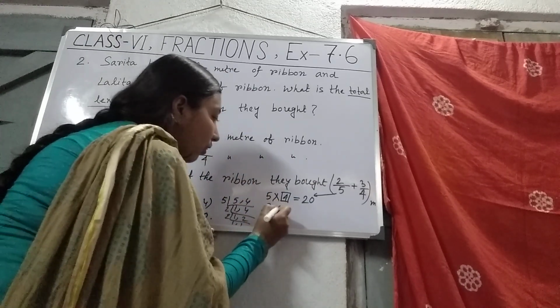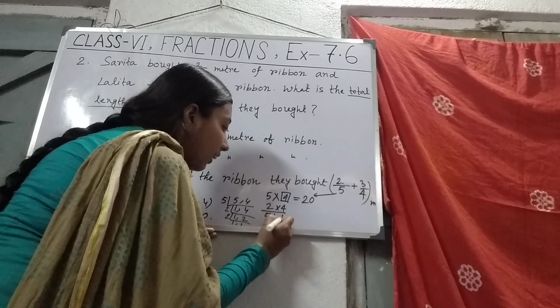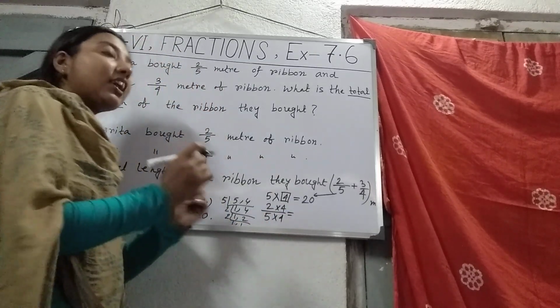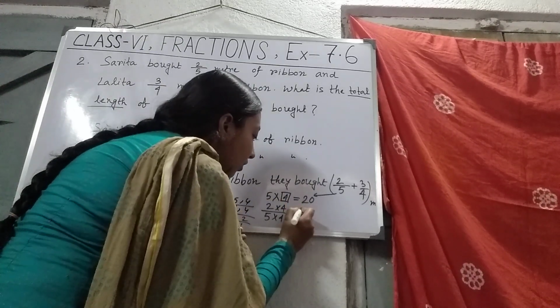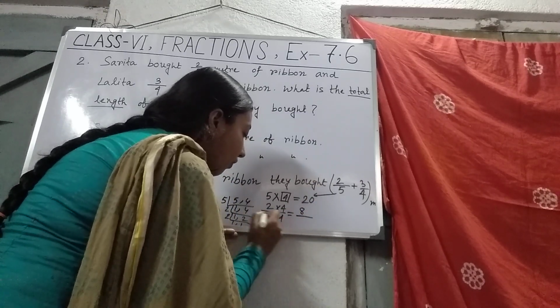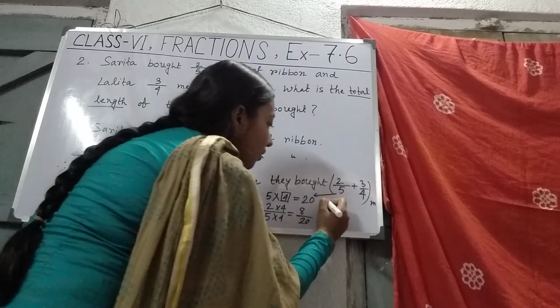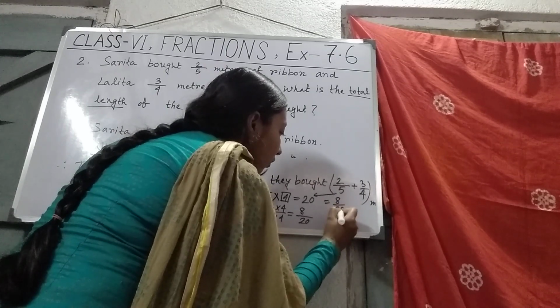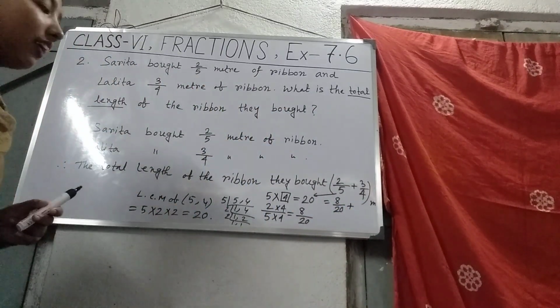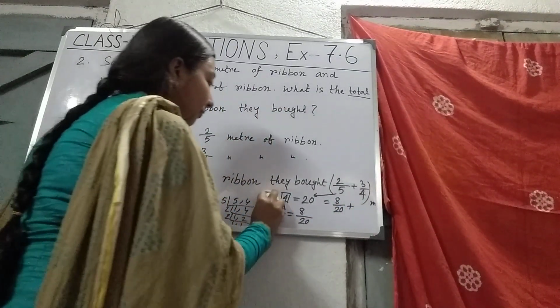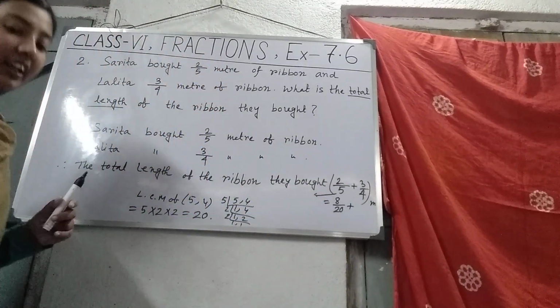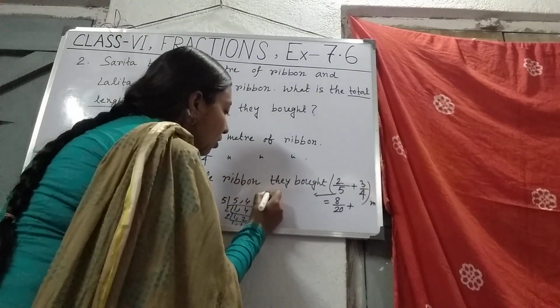So 2 upon 5 can also be written as, by multiplying both numerator and denominator by the same number, 4 2s are 8, 4 5s are 20. So 8 upon 20 for the first fraction. Now for the second fraction. In second fraction, in denominator it is 4.